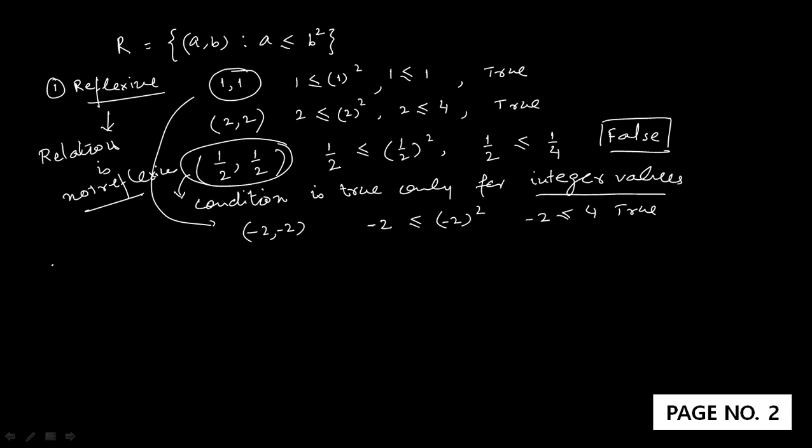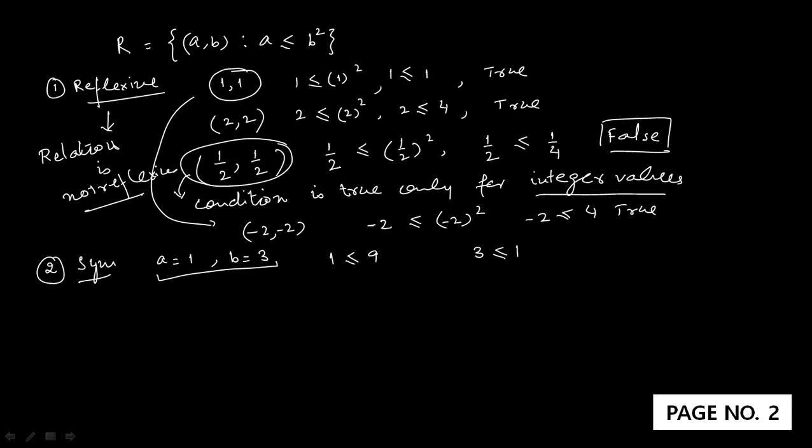Now, what about the second condition? The second condition is symmetric. Suppose I am talking about two values. Let a is equal to 1 and b is equal to 3.